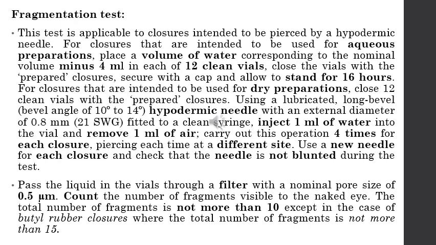With the help of this needle, we have to inject 1 ml of water and we have to take out or remove 1 ml of air. Now this is done 4 times for each closure at different sides. Now this is the reason why we have taken 16 ml of water if the capacity of the vial is 20 ml, because we are going to inject 4 ml.